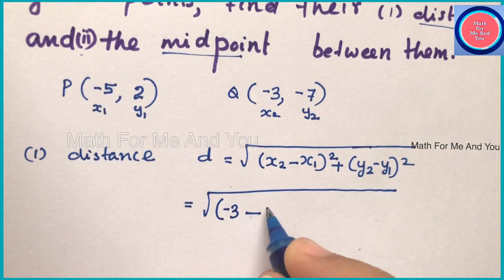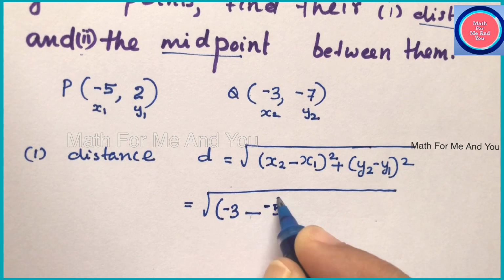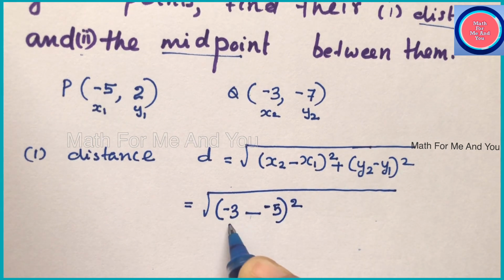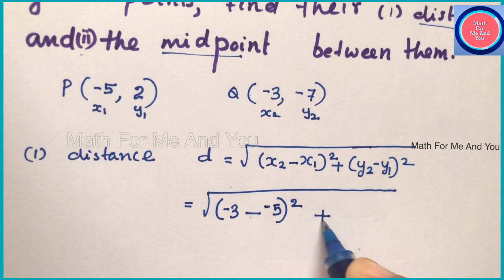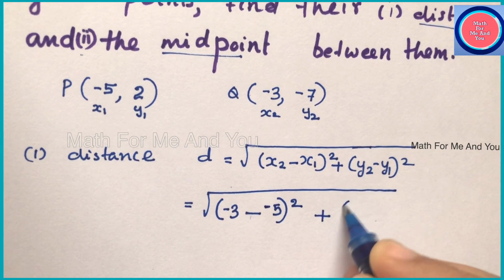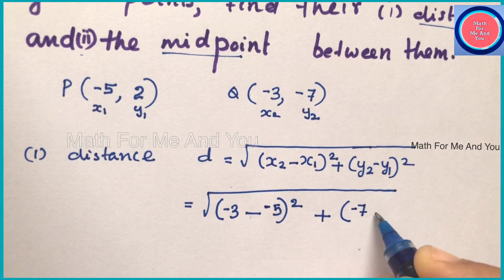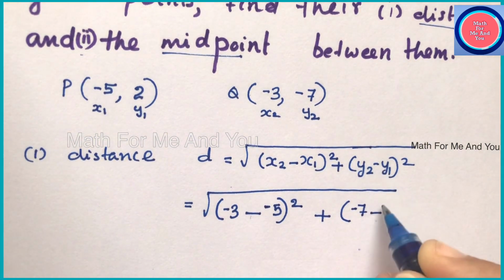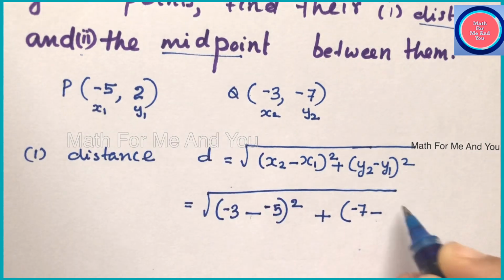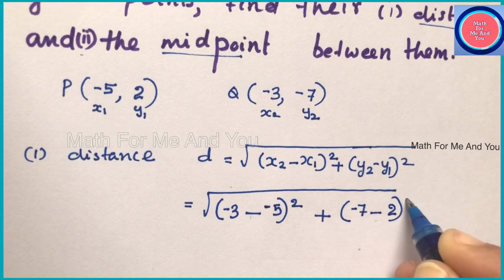And then what is x1? It is minus 5. Minus 3 minus minus 5 the whole square. Plus in the middle. Then y2 minus y1. What is y2? It is minus 7. Minus 7 minus, what is y1? y1 is 2. So minus 7 minus 2 the whole square.